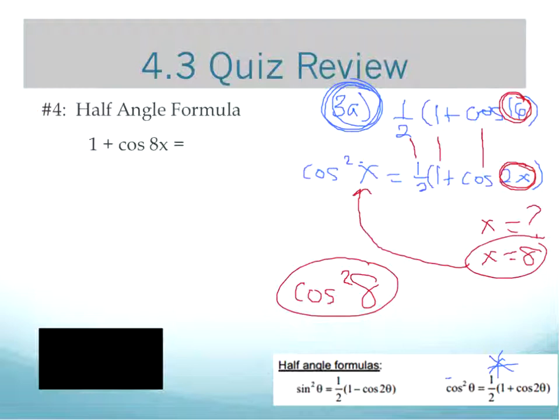Okay, so for number 4, again, we know that we want this to equal cosine squared theta. Ooh, it's supposed to have a 1/2 there, but it doesn't have one. We'll talk about that in a minute. 1 plus cosine 2 theta. So, what's theta?